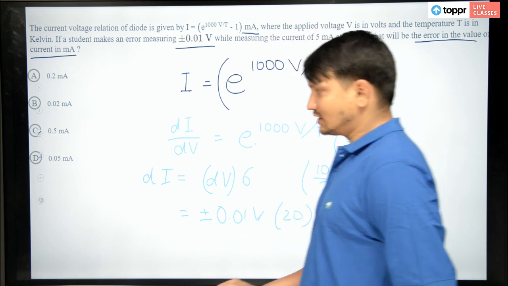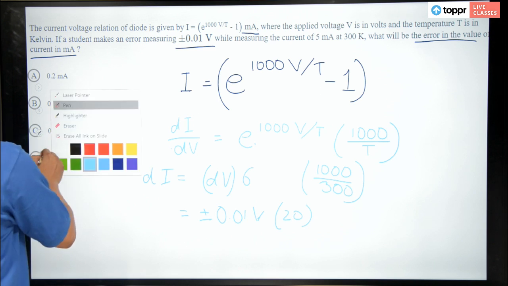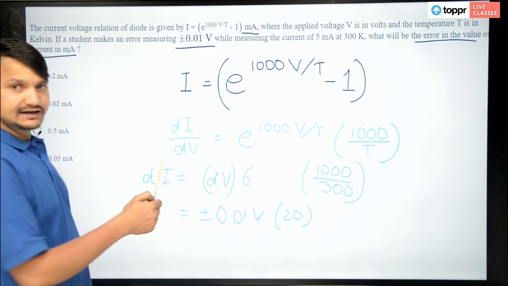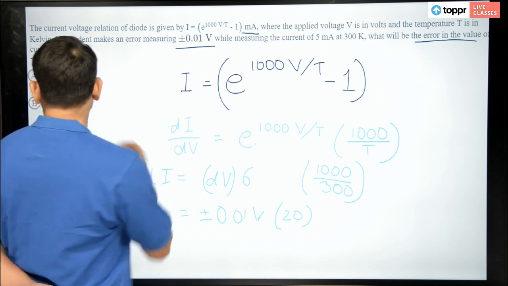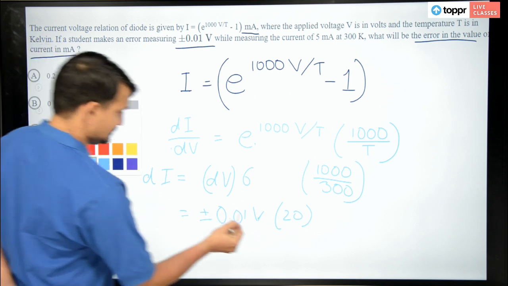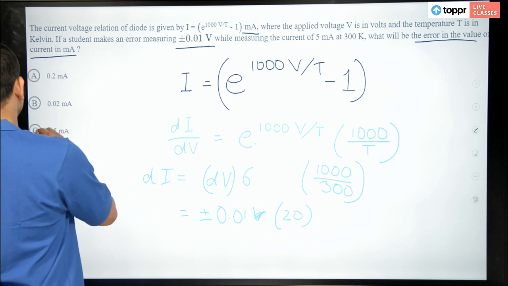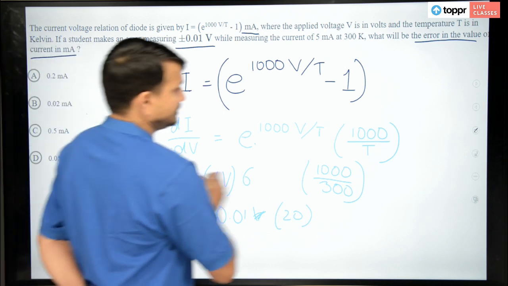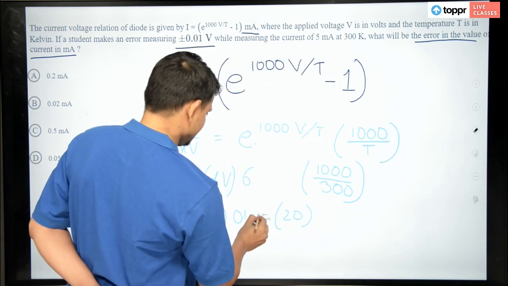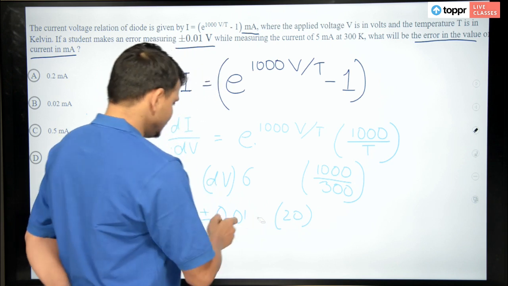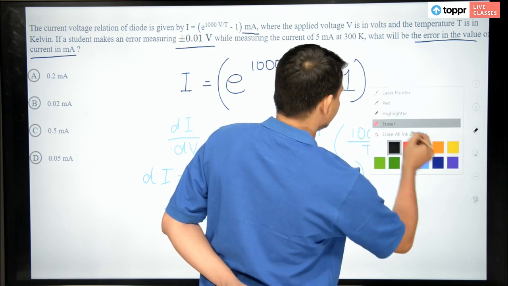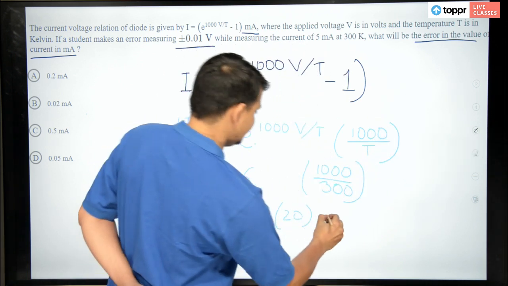This V should not be here, because the thing has to be converted into the error margin of the current. So that would be simply this whole quantity in milliampere. Sorry about the whole confusion that I have created.